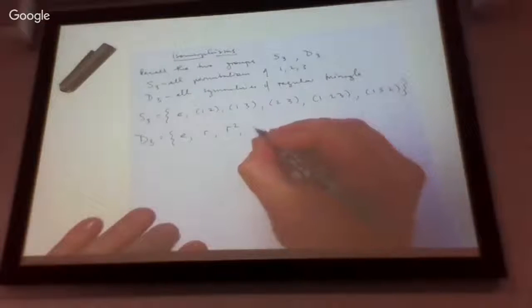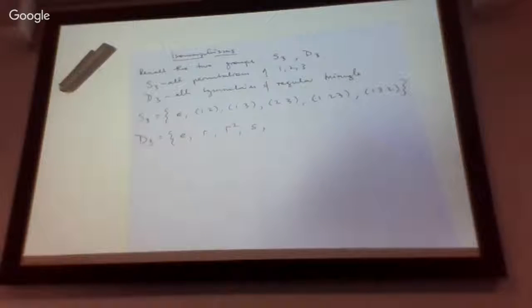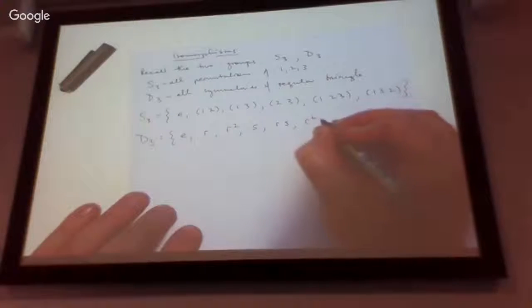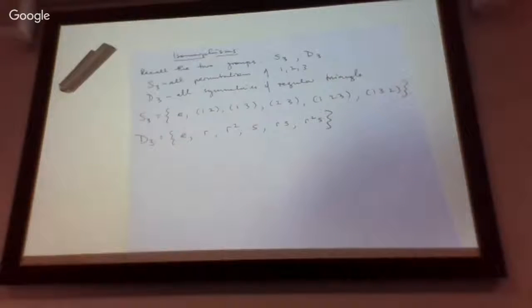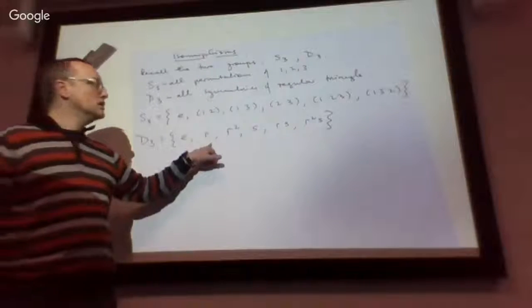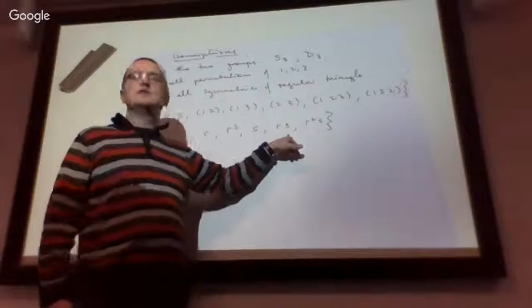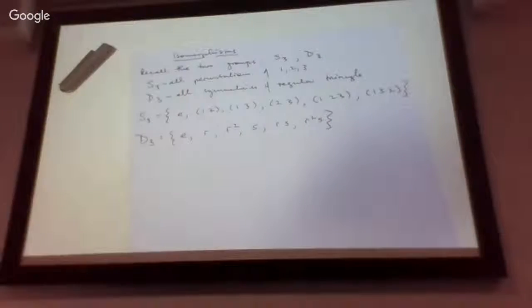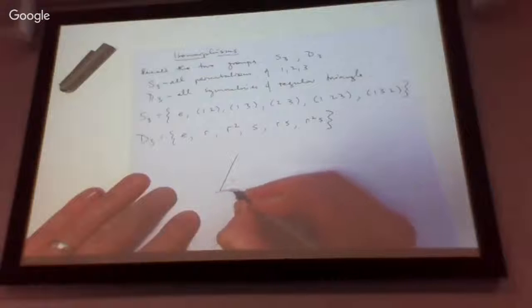And then there were 3 reflections, and if we name one of them S, the other reflections can be expressed as R after S and R squared after S. If you compose any particular reflection with the rotation, you get another of the reflections, and if you compose it with the other rotation, R squared after S, you'll get the 3rd reflection.